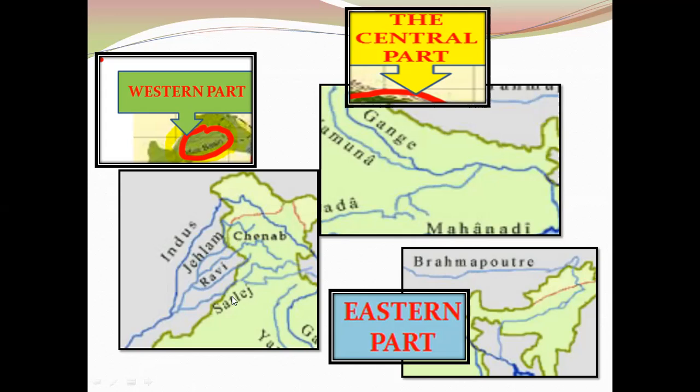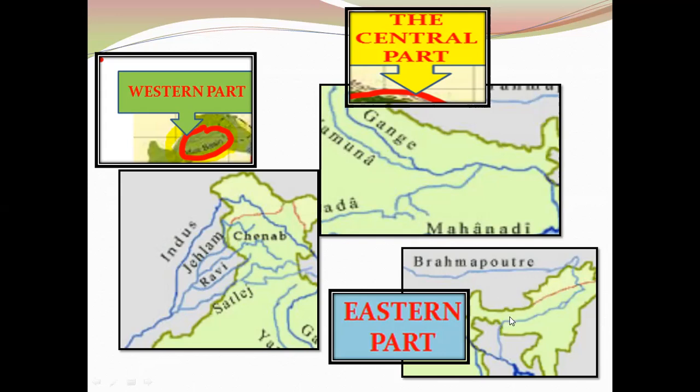So this area you can see is all very fertile area, known as the western part of the Indo-Gangetic plain, and this is the central part, which is because of the Ganga, Yamuna, and its tributaries. Okay, and the eastern part you can see Brahmaputra, full of the Purvanchal area. It is covering this river.